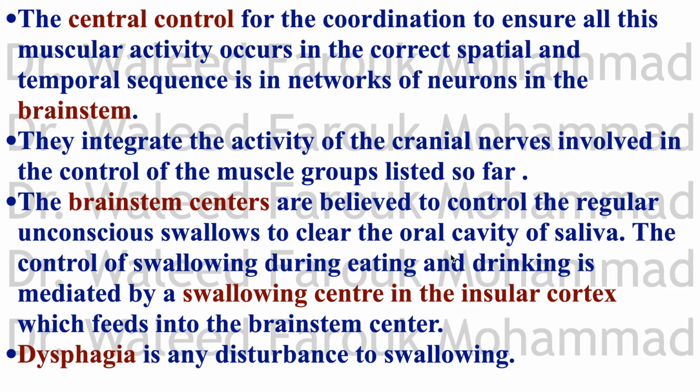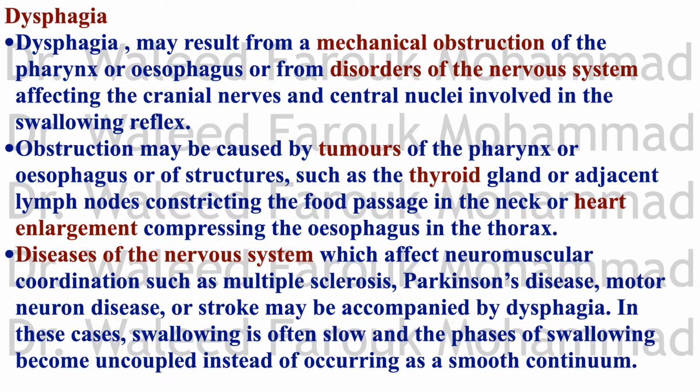Any disturbance to swallowing is called dysphagia. Dysphagia may result from mechanical obstruction. Mechanical obstruction occurs by tumors or by enlargement of the nearby organs like the thyroid, for example.